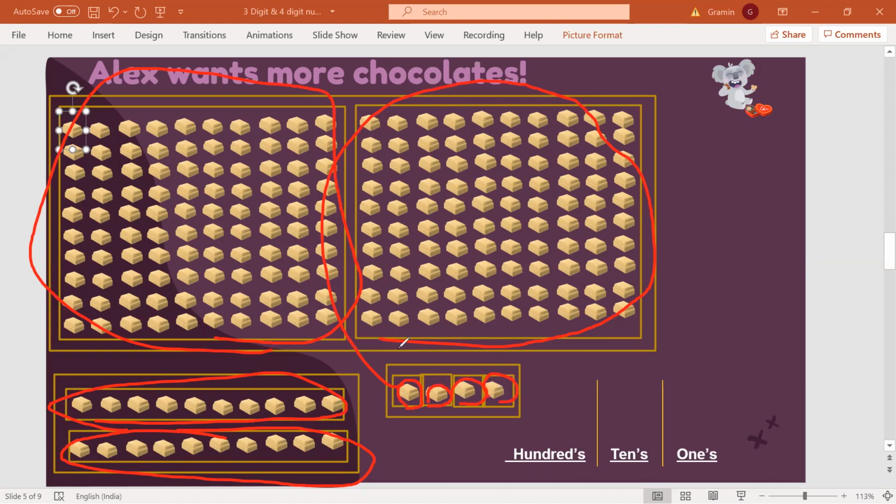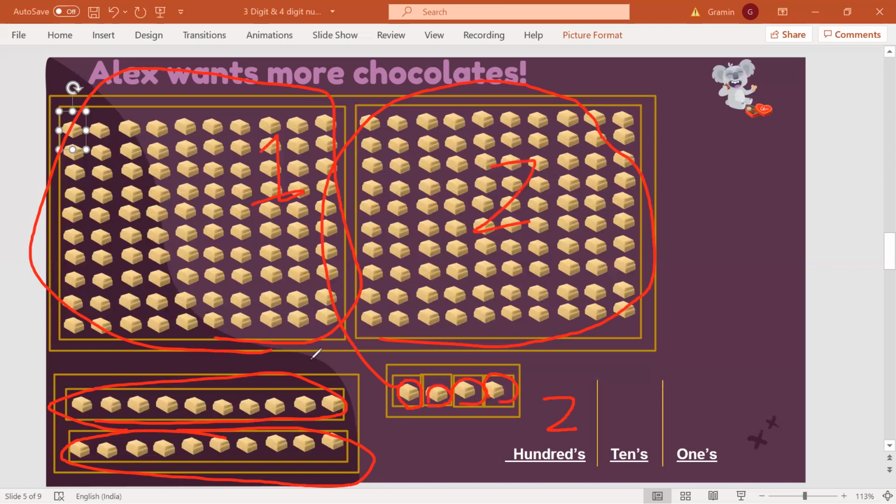So now if we simply write down the number of groups of chocolates in each box, let's see what is the number at which we are arriving. So in the hundreds box, how many groups of 100 chocolates are there? This is the first group and this is the second group. So the total groups are 2, right?